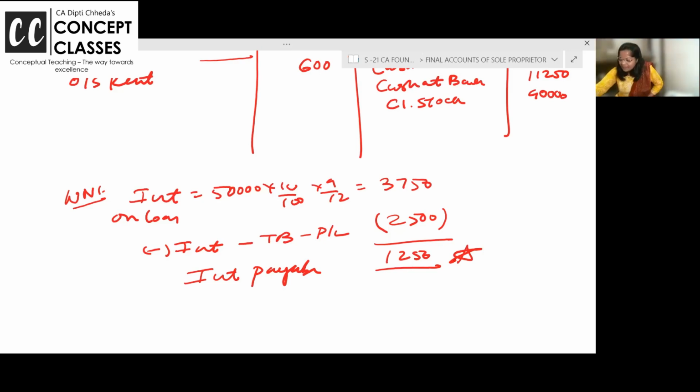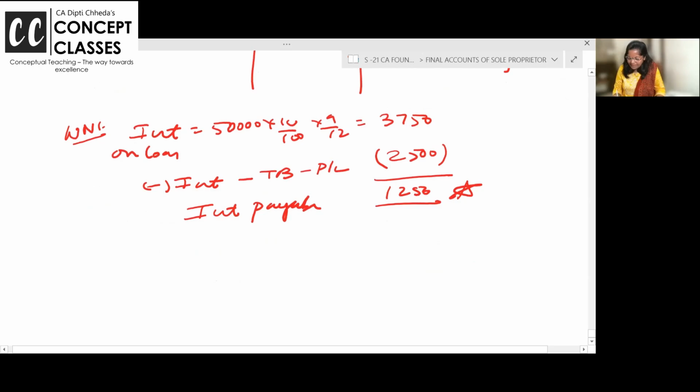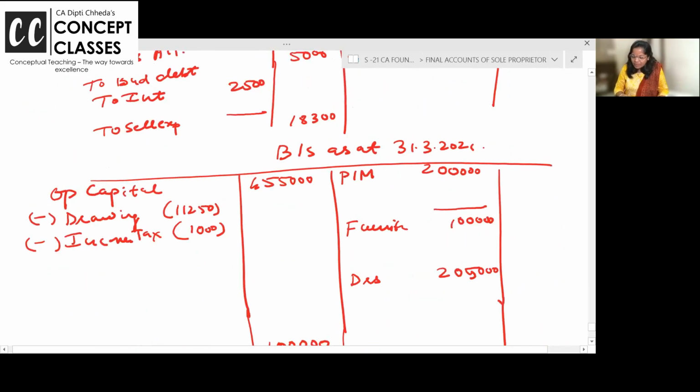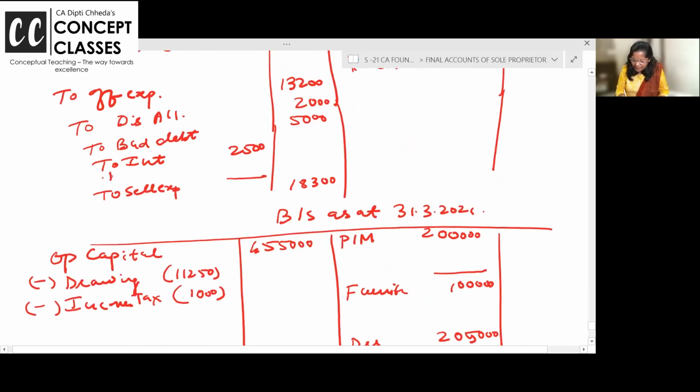Yes. Break I'll give after this problem, dear students. Working clear hai? So now 1,250 interest. If paid interest to bank, if not paid interest to outstanding interest. So can we add it in the P&L account? Outstanding interest 1,250.